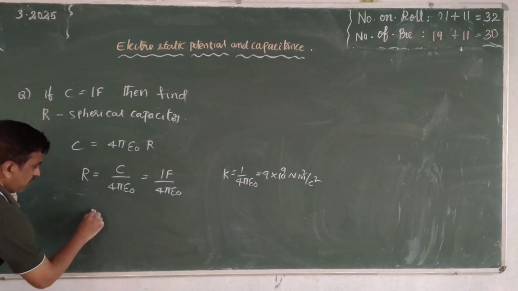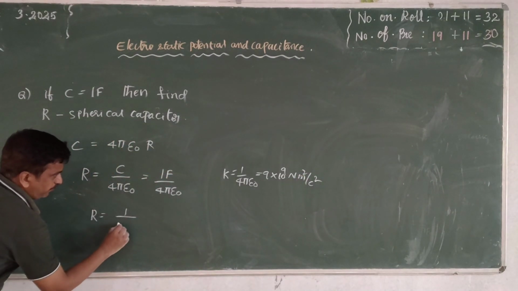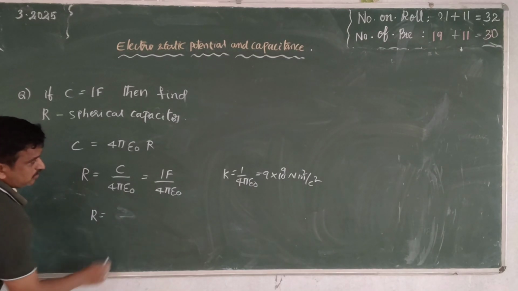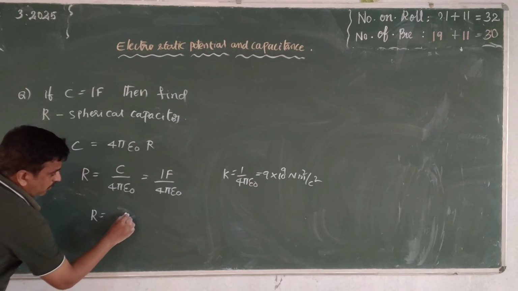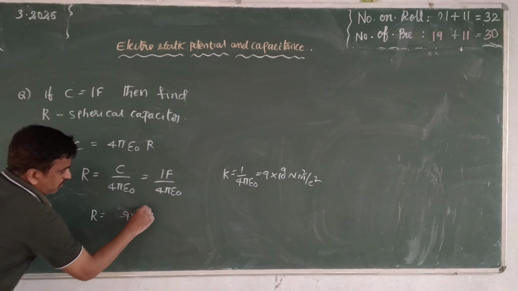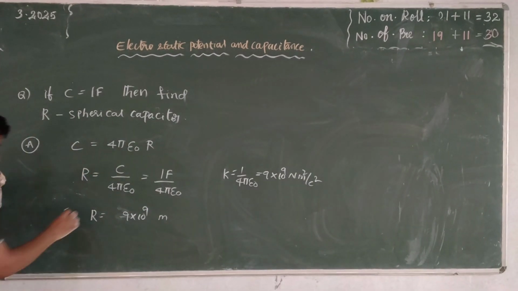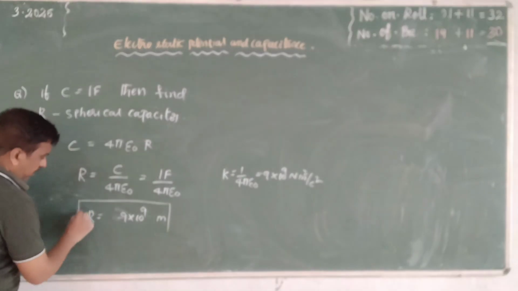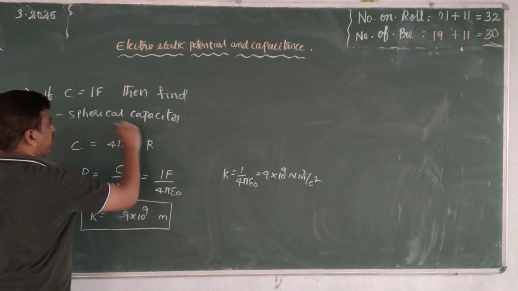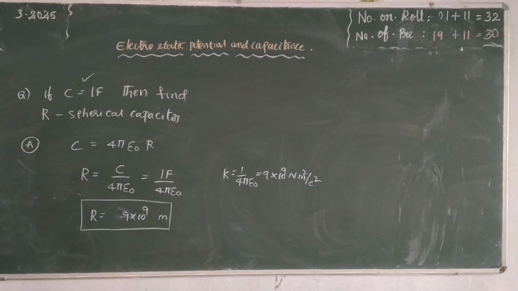So R equals 9 into 10 power 9 meters. This is the radius of a spherical capacitor of capacitance 1 farad.